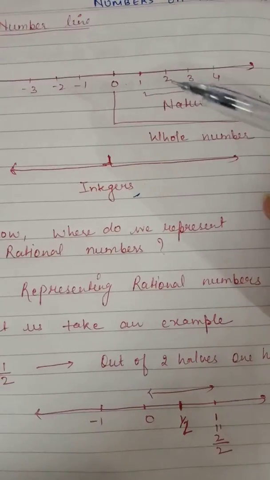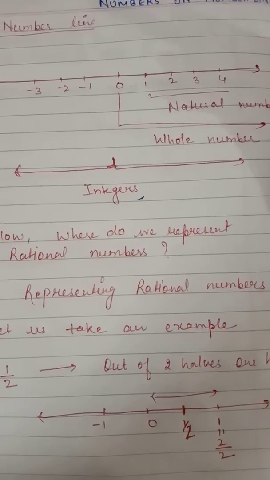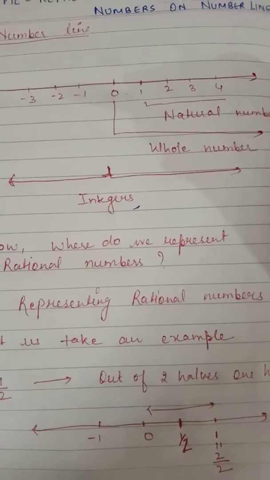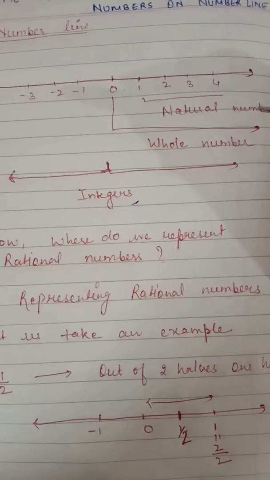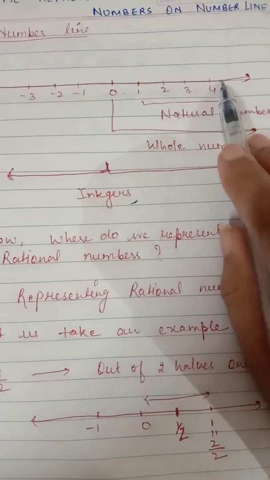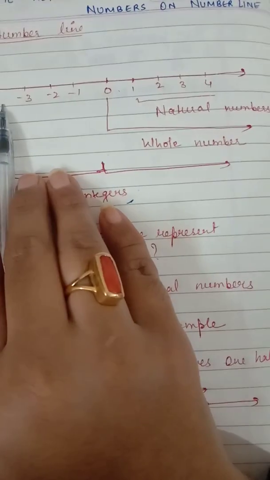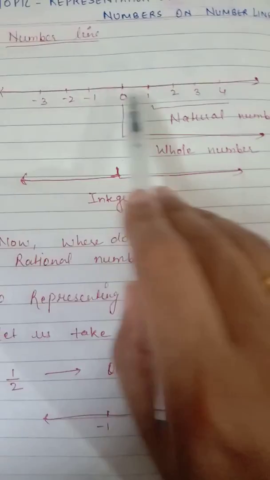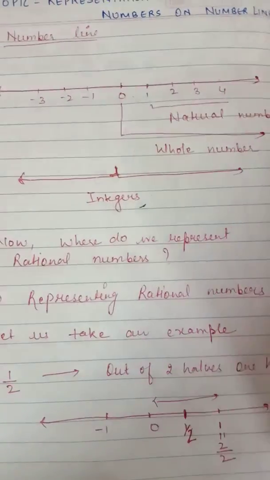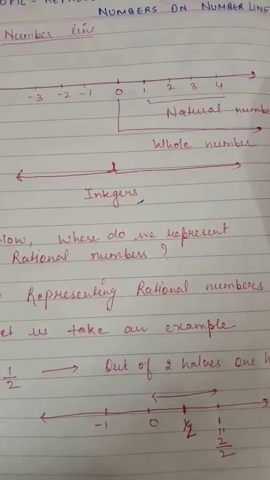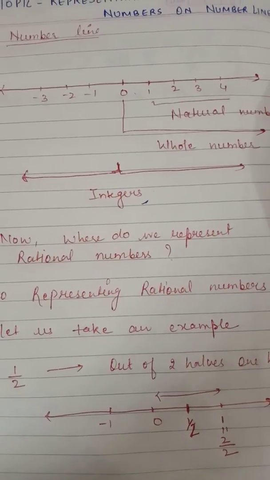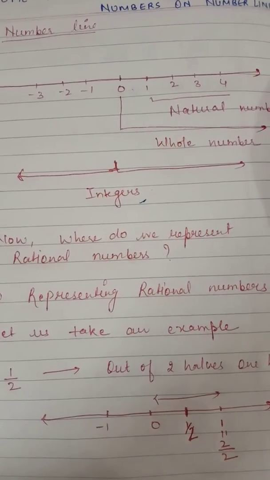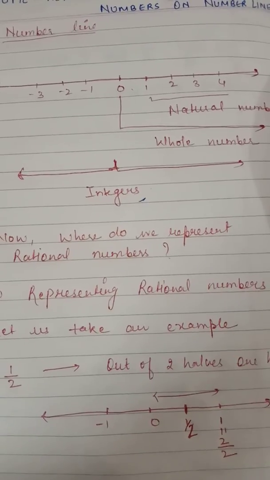So what is the definition of integers? Integers are the collection of all positive numbers, negative numbers and 0. So can I say I can represent integers on the number line?